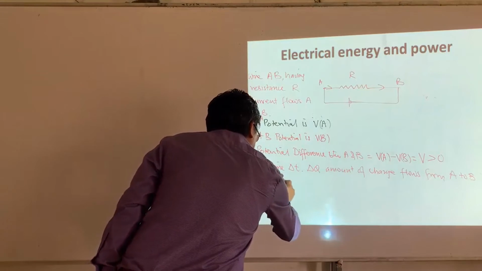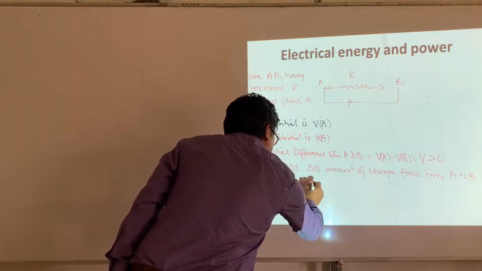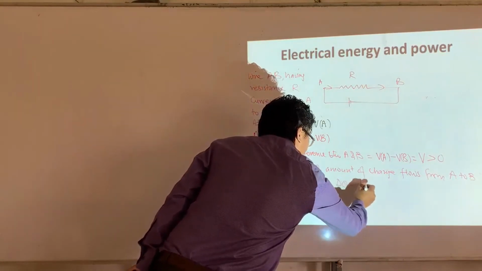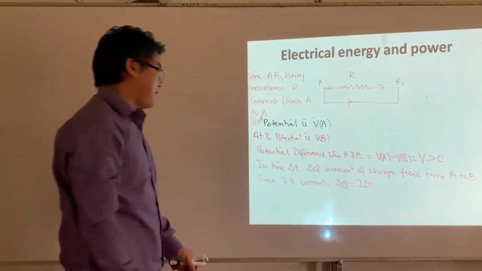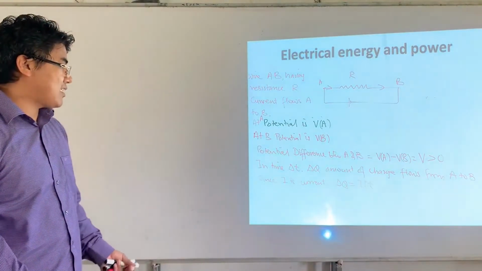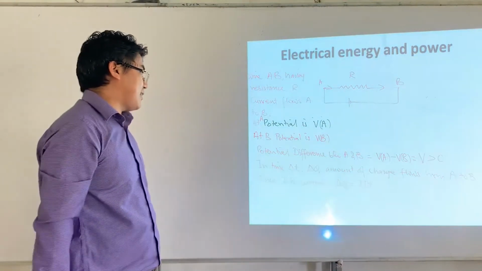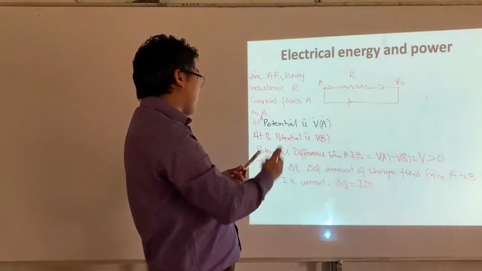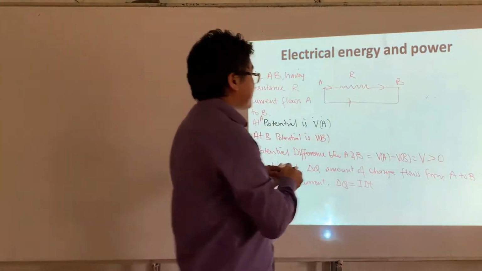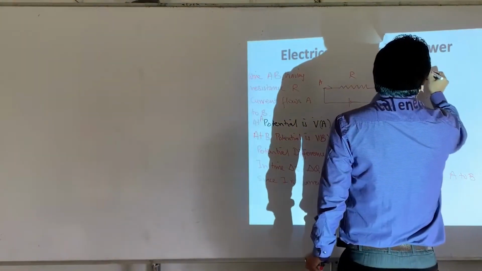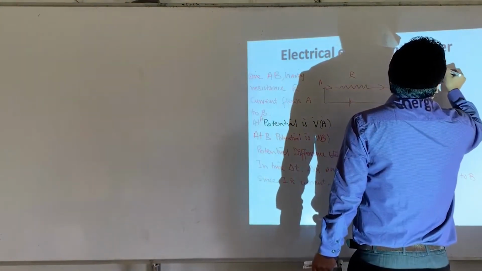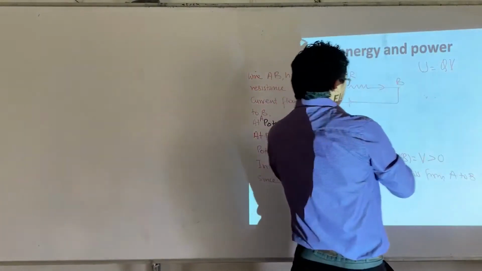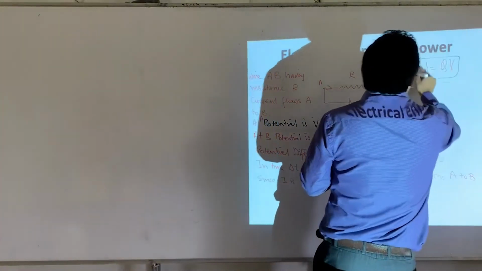Since I is current, delta Q is equal to I delta t. Why? Because I is equal to delta Q divided by t. Now I would like to find the potential energy at A and at B. Normally, potential energy is given by QV, which we did in the last chapter.